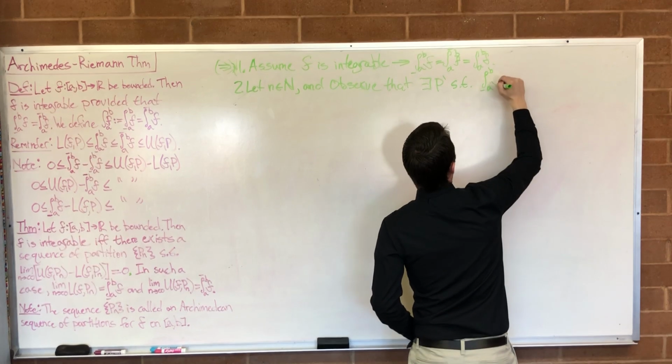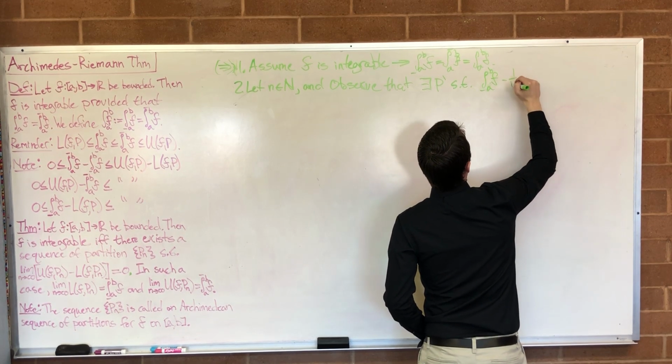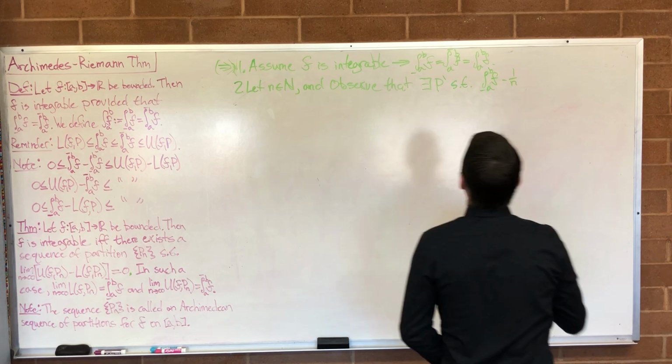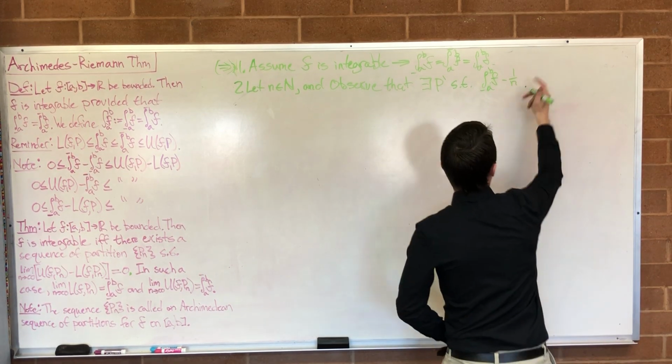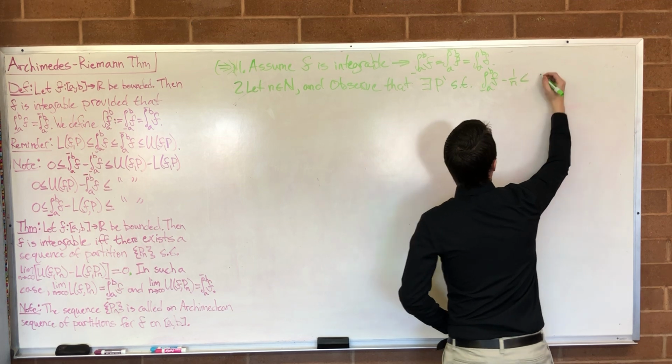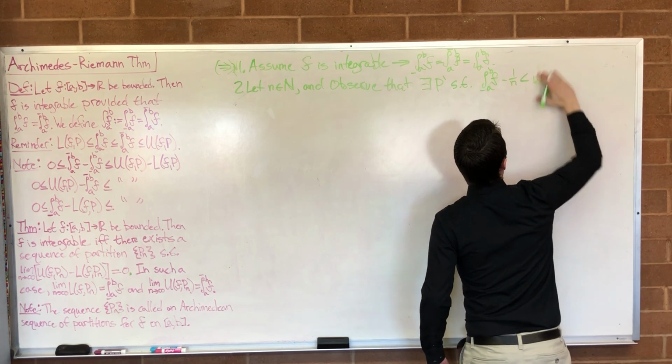The idea will be pretty straightforward, but let's see, this was the supremum, this was the least upper bound, so this isn't an upper bound, so it's less than the lower Darboux sum.